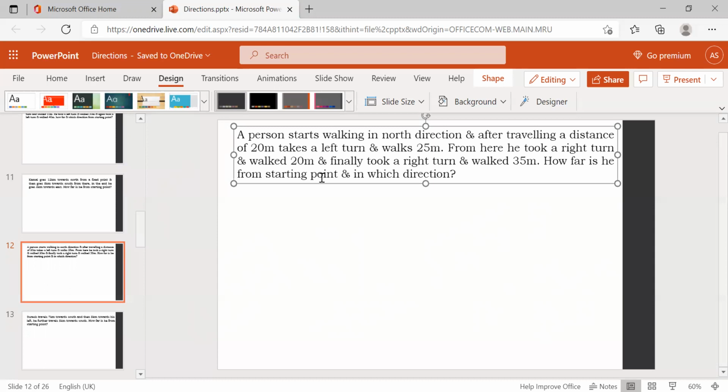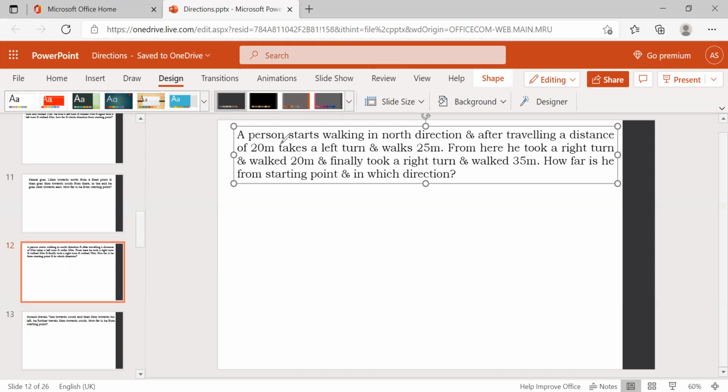How far is he from the starting point, and in which direction? Try to solve without pen and paper first, and you will get the idea. At least write some shortcuts. No need to write everything or draw diagrams like this.